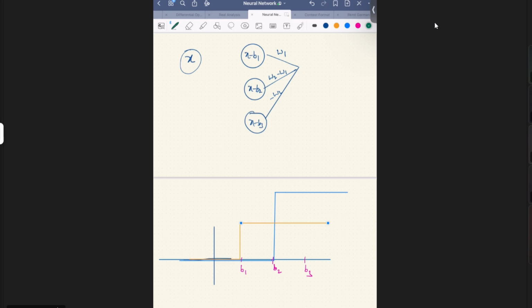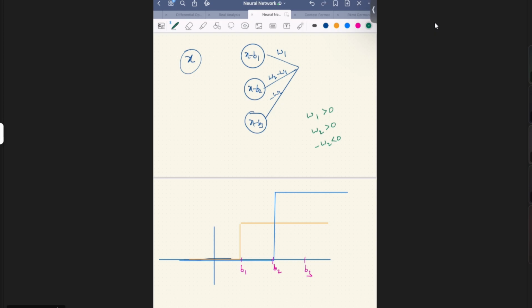So if W1 is positive and W2 is also positive, then minus W2 is negative, right? If both W1 and W2 are positive, then minus W2 is negative.